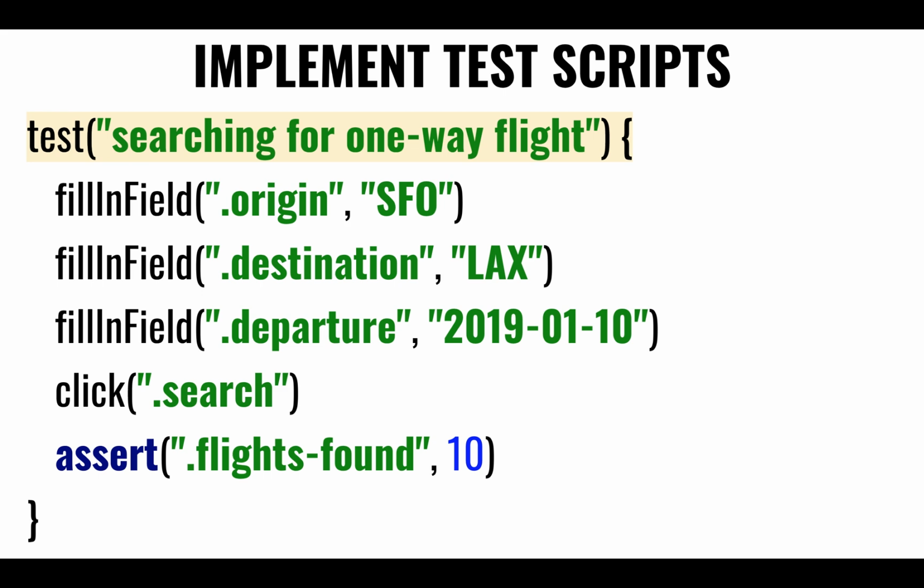So two different fields, the origin and destination, San Francisco, ALX, and then also setting up the date of departure, and then clicking on a particular search button, and then looking at a particular field, whether it has a particular value that we would expect to be 10 in this case, right? Again, this will be completely different depending on what framework, whatever stack you end up using, but there will be something similar that would allow you to implement and create these automated tests.